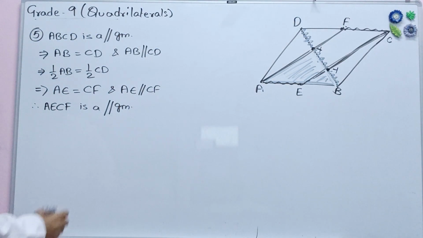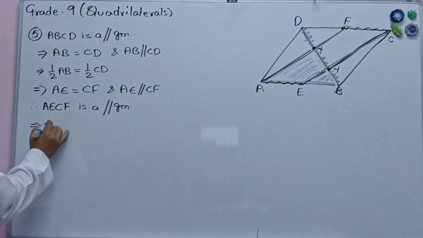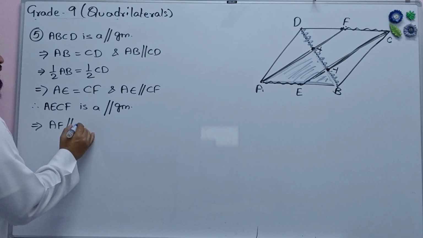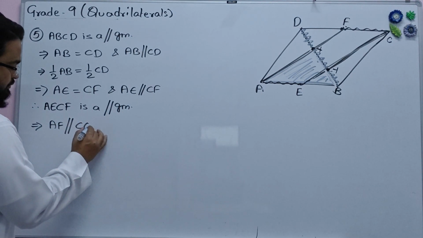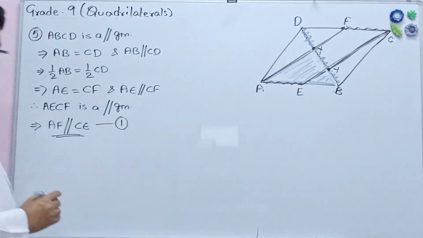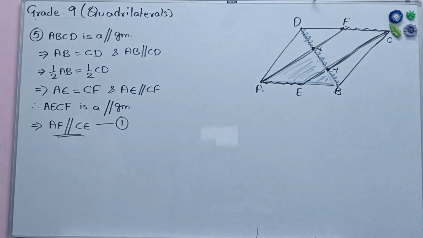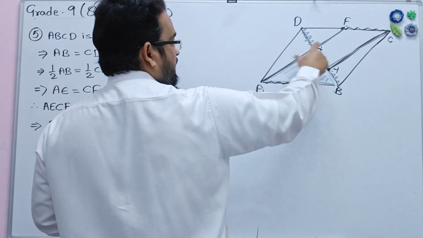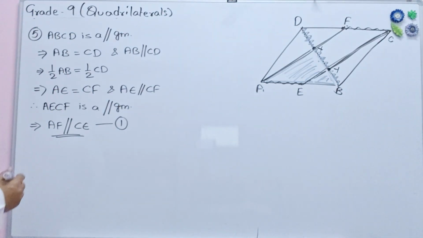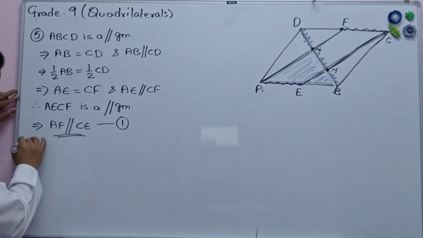Are they parallel? So that implies AF is parallel to CE. Understood? Let us take it as first equation. So now we got AX is parallel to EY. Is it right?